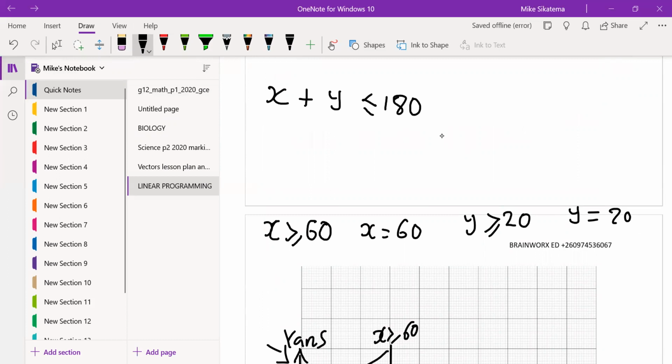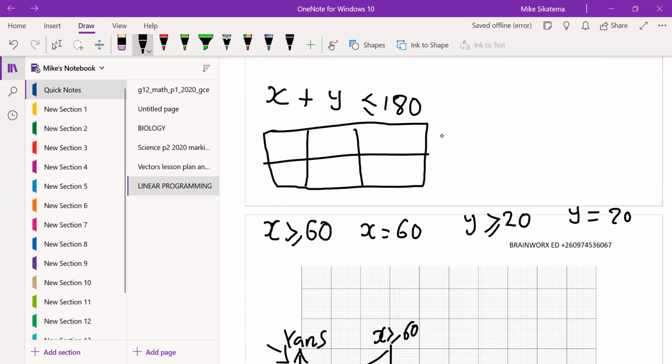So the only thing we have to do here is plot this line, and to plot this line we need 2 points: the x-intercept and the y-intercept. To find the x-intercept, we say y is equal to 0.